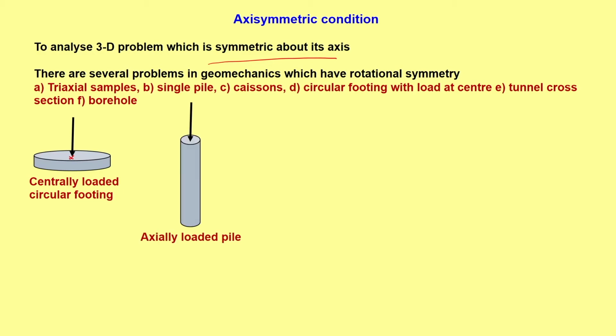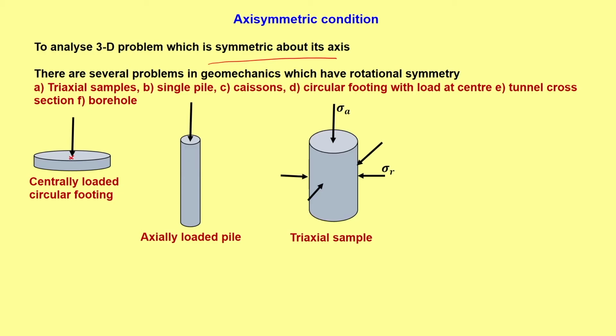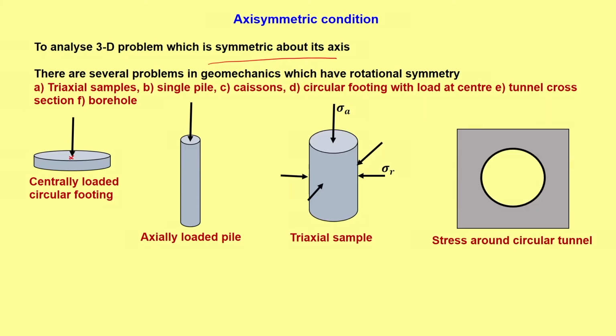Same is the case with an axially loaded pile or a triaxial sample which we have already discussed. Stress around a circular tunnel: this is an overly simplified representation of a tunnel where this is the rock medium and this is the tunnel. You can see that with respect to the center, there is an axis of symmetry along this longitudinal direction. If you take the longitudinal axis, you have an axis of symmetry.